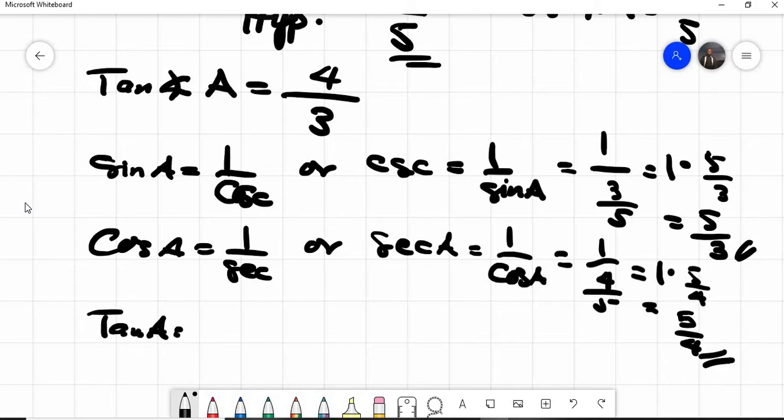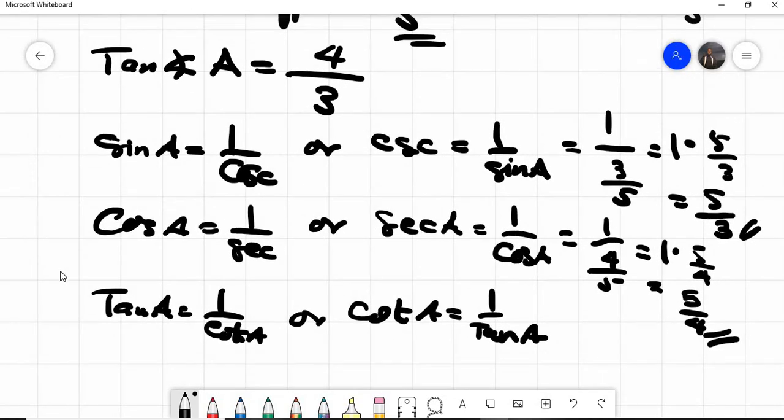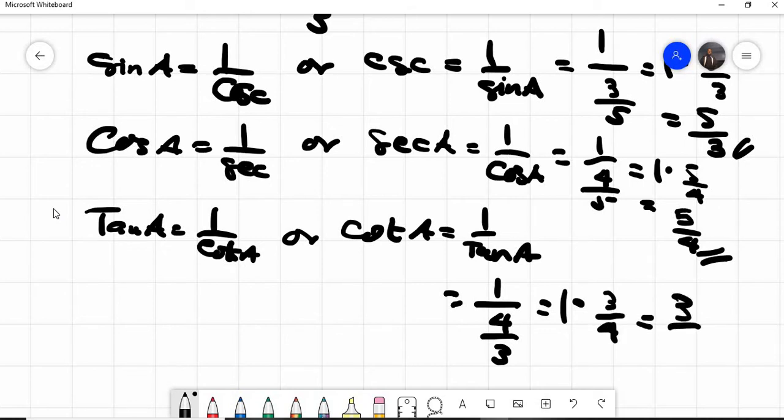Tan A equals 1 over cot A, or cot A equals 1 over tan A. Tangent we have is 4 over 3, so cot is 1 over 4 over 3, which equals 1 times 3 over 4, which is 3 over 4.